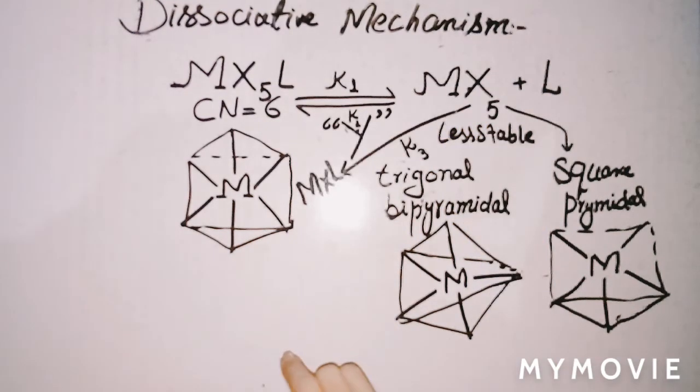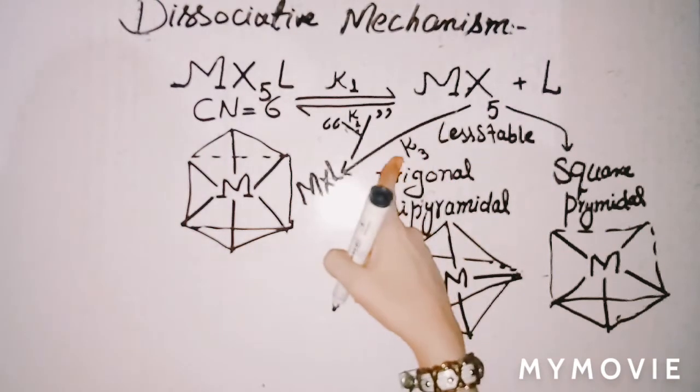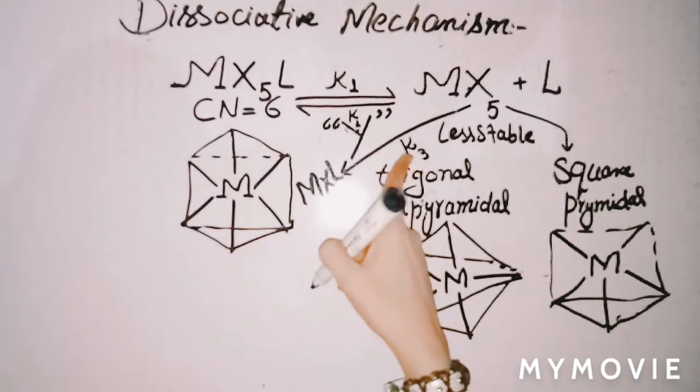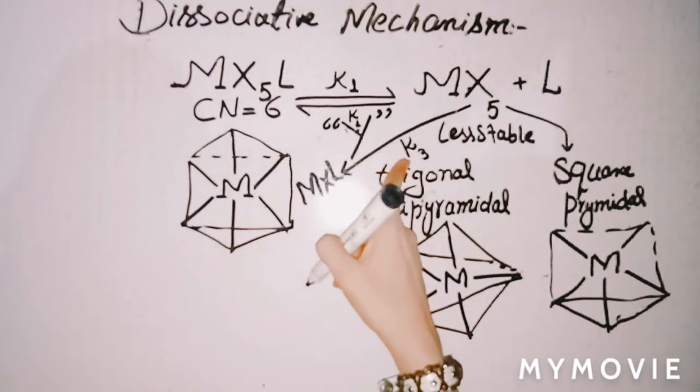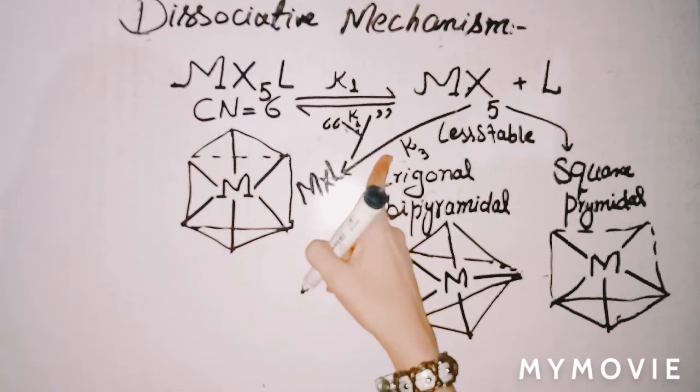So such type of reactions are complex reactions that occur in multiple steps, according to kinetics. In order to find the rate order of these type of reactions, we have to use the rate law as well as the steady state approximation.